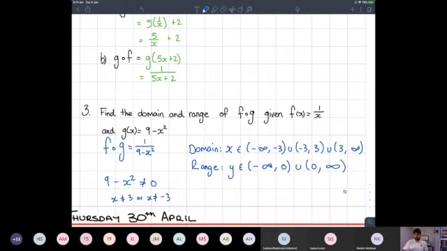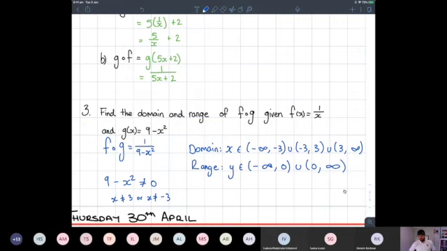Now, earlier someone asked me what that E symbol was. That's just something from set notation. Its proper name escapes me for the moment. It just means belongs to the set of.